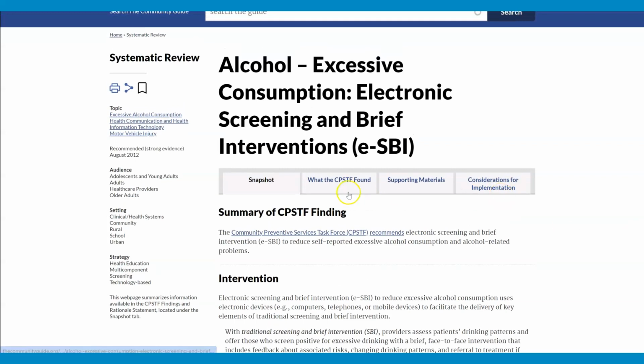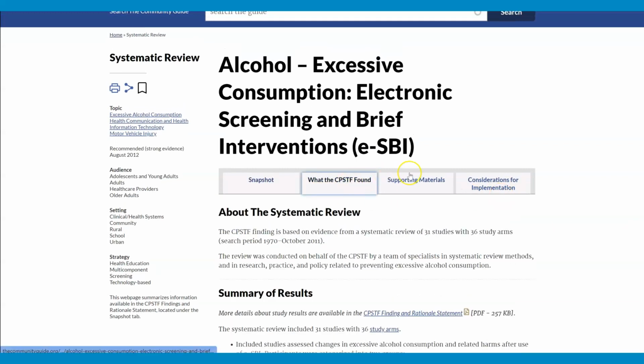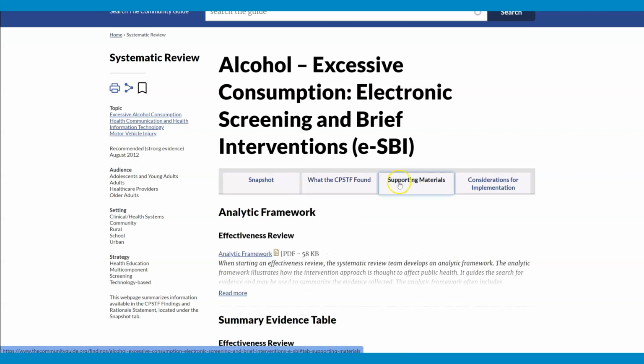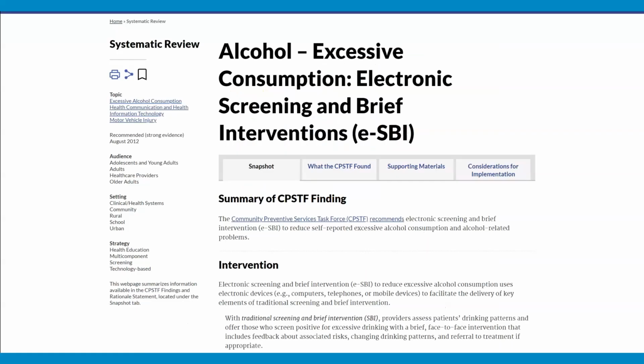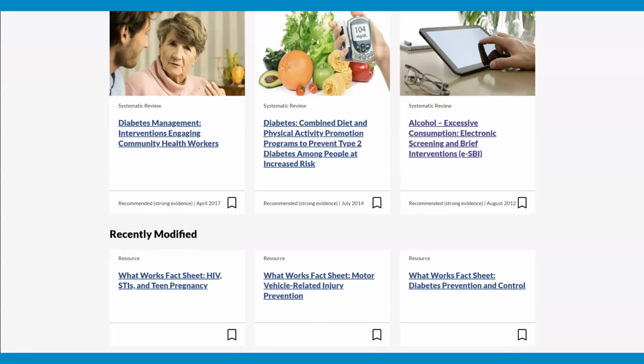So this is an application and example of all of the studies that were conducted. They also go through a sample analytic framework that shows all of the connections and logic behind the excessive drinking intervention. So similarly, go through a lot of these others.